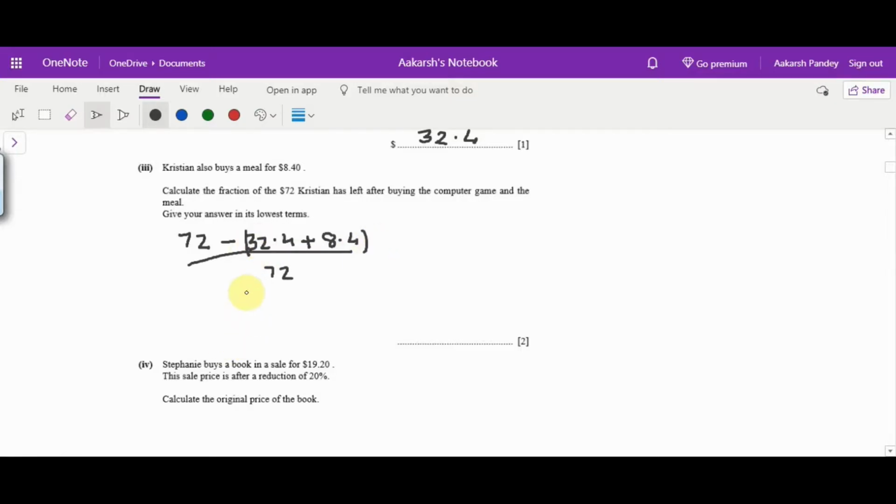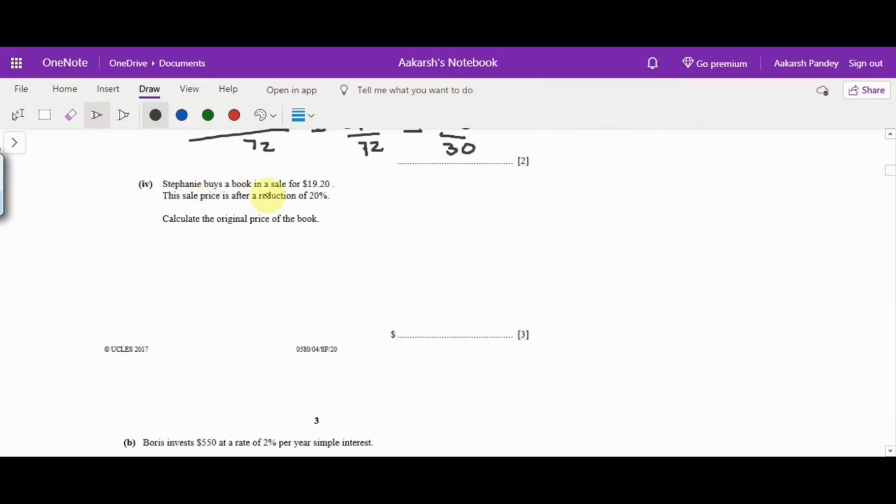So now how much is the money left with him? It is 72 minus 40.8, the whole by 72, which is 31.2 by 72. So this is 13 by 30.